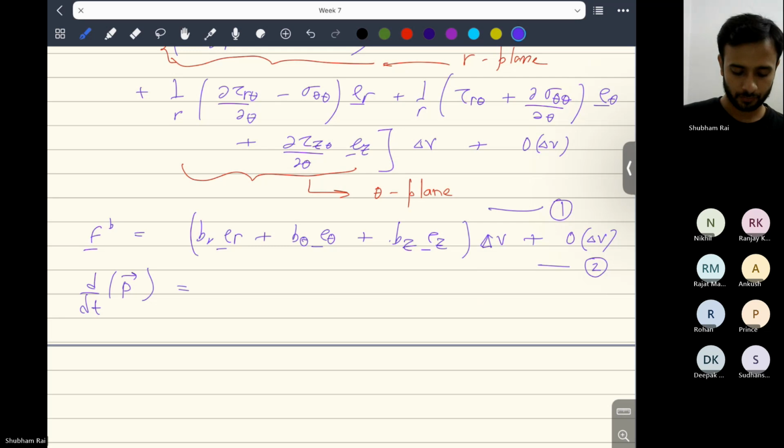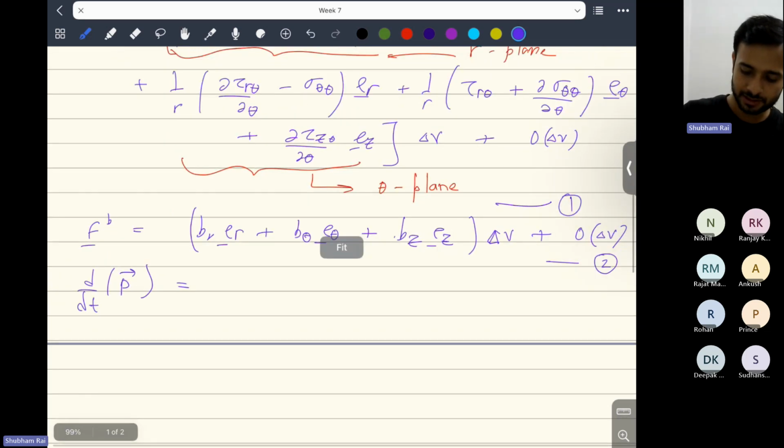So we are considering a fixed volume. When we are doing the analysis, it is not changing with respect to time. So when we differentiate velocity with respect to time, it will be acceleration. So the equation will result in rho into volume times acceleration, something like that.